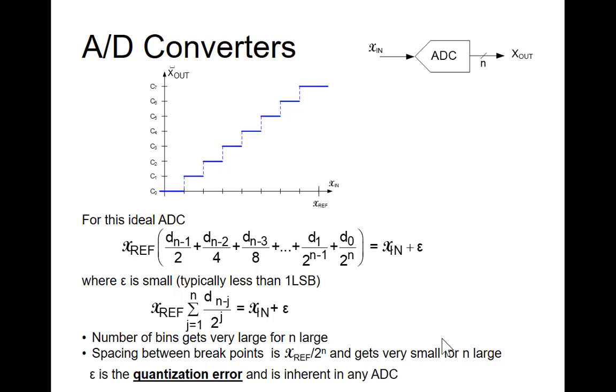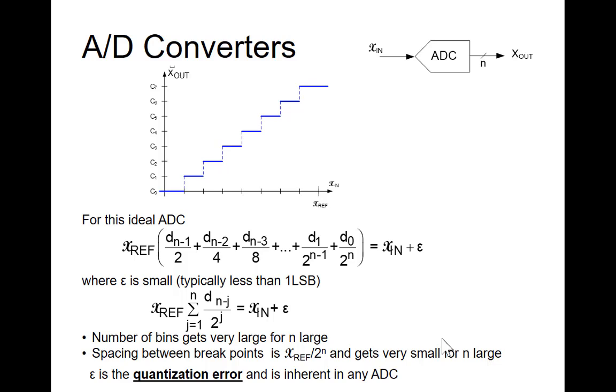We had a finite number of Boolean inputs. For an ADC, we have an infinite number, a continuum of analog inputs, but a finite number of outputs. So, ideally, the input signal would be equal to XREF times this binarily weighted representation of the input.